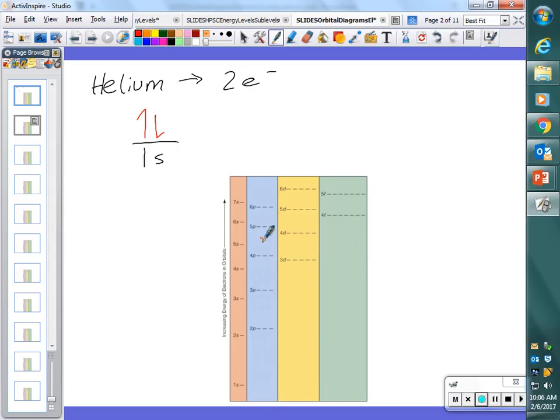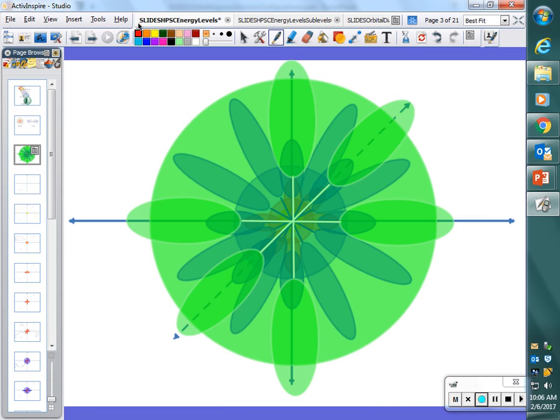Because orbitals are always going to fill up lowest to highest, right? While around the helium nucleus, all of this exists, most of them are empty. Because there's just not electrons to fill them up, right?